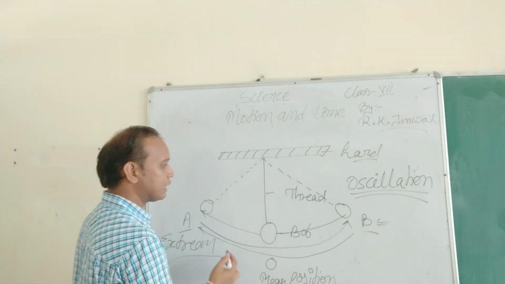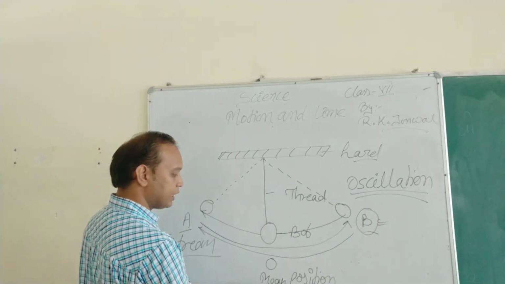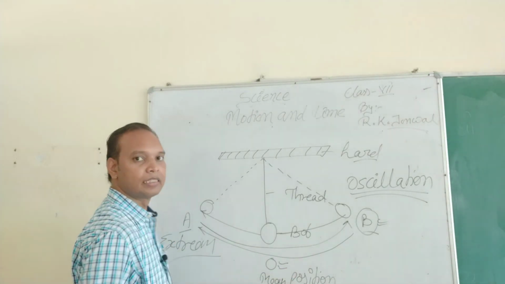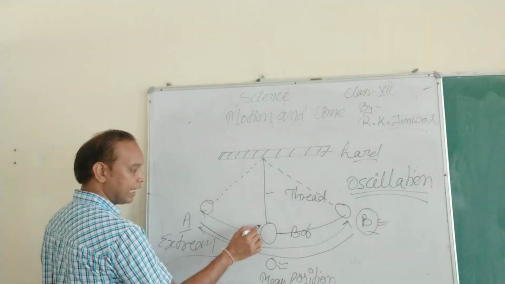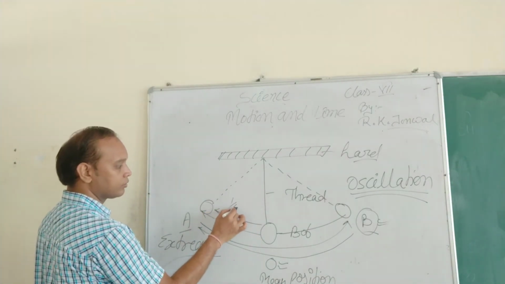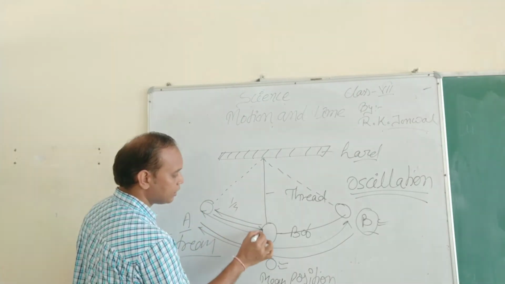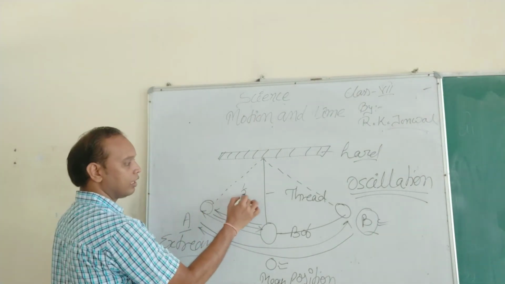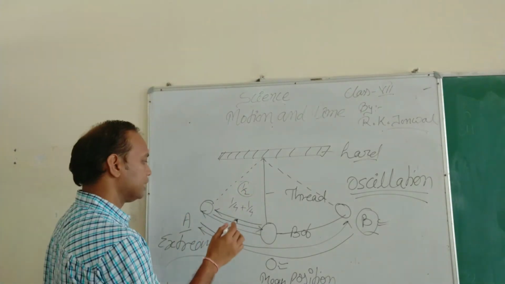Okay, you can also calculate this oscillation from the B position or from its mean position, that is O. How? If we calculate this oscillation from its mean position, then the pendulum moves toward A, that completes 1/4, and again comes towards its mean position, that is again 1/4. So that is total half. So half the distance is covered by this bob.